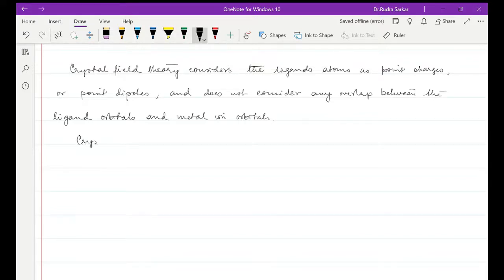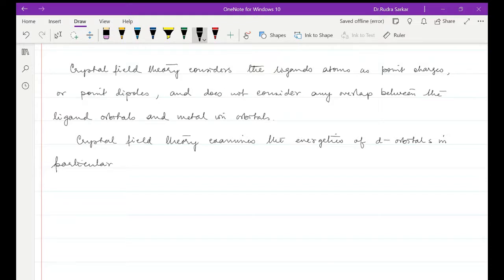Crystal field theory examines the energetics of d orbitals in particular, in given geometries.